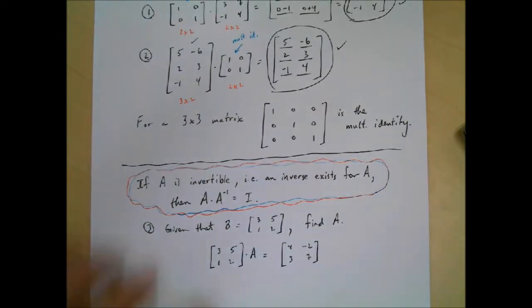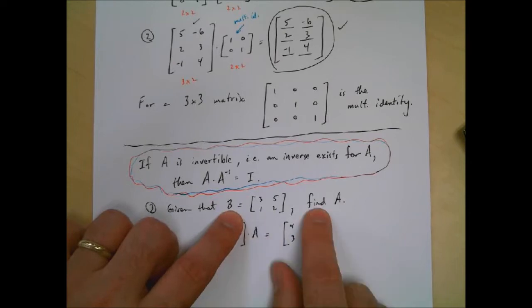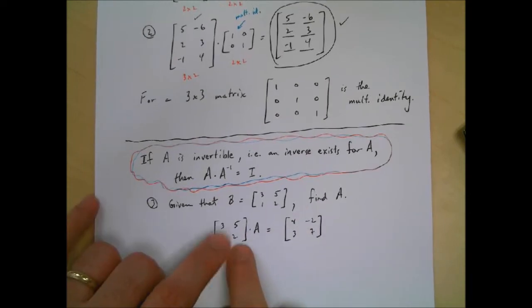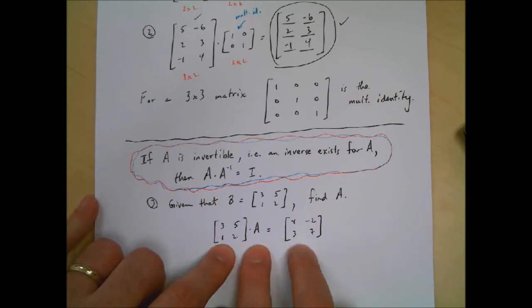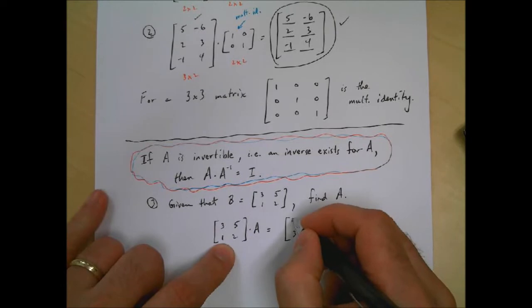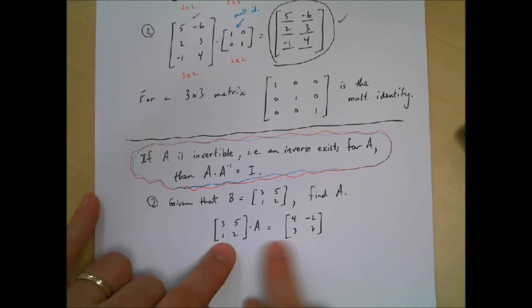Okay, so keeping that in mind, given that B is this matrix, we're solving for A. Okay, so this is B. B times A is equal to this matrix.